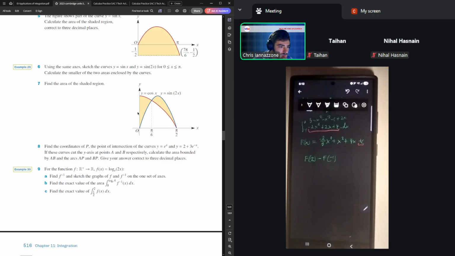Sine, of course, starting at a 0, cos starting at a peak, or even just the overall condensedness, or how condensed sine 2x is. It's got half the period. These are little ways that you can identify which curve is which if it's a bit ambiguous. But okay, we have our crossover. We also know where they cross over as well. What's left to do? How are we going to find the area of the shaded region?